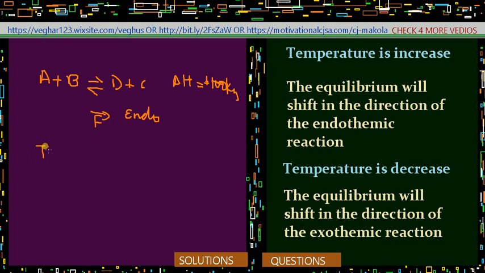So if they decrease the temperature, a decrease in temperature favors the exothermic, which is the reverse reaction from this one. So that means the reverse reaction will be favored. So this is how we determine whether the forward or the reverse reaction is favored or not.